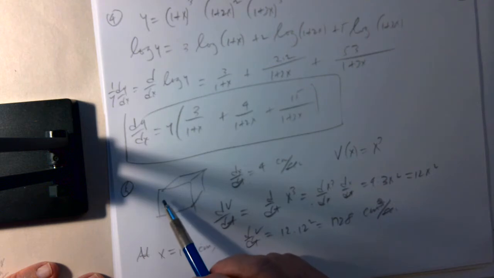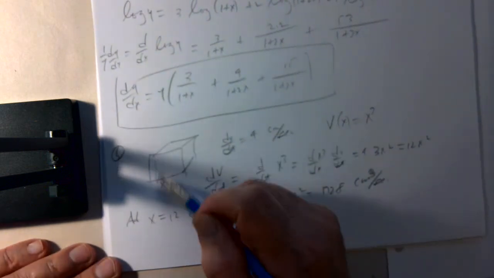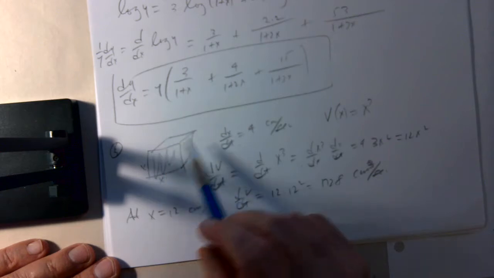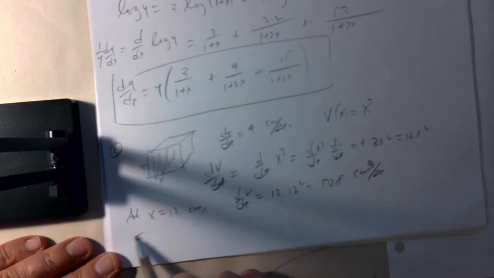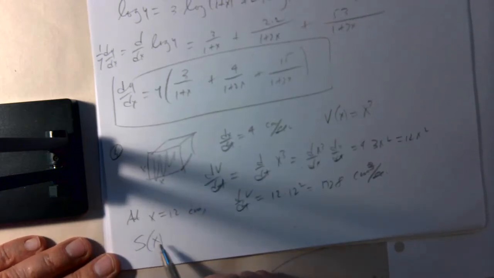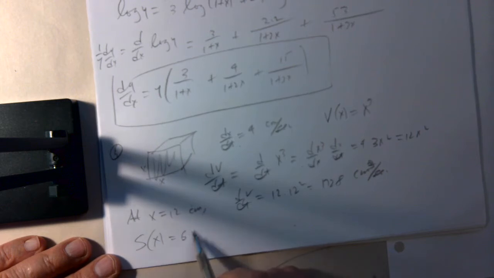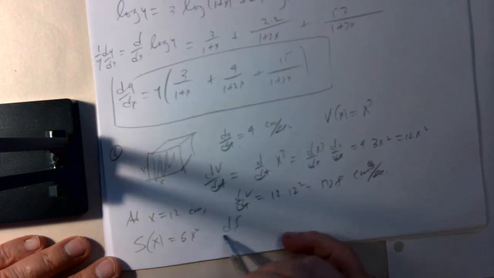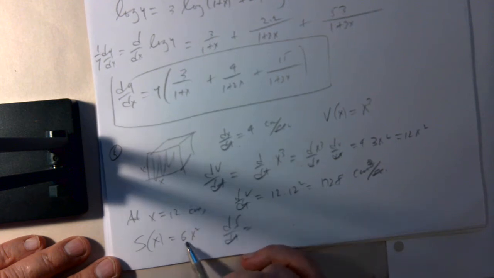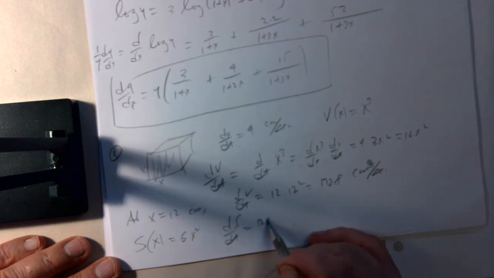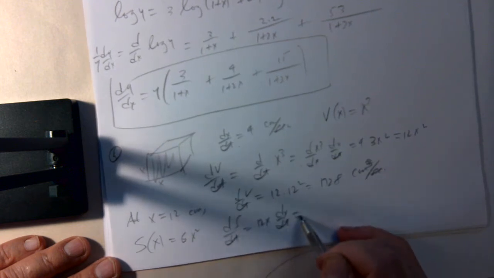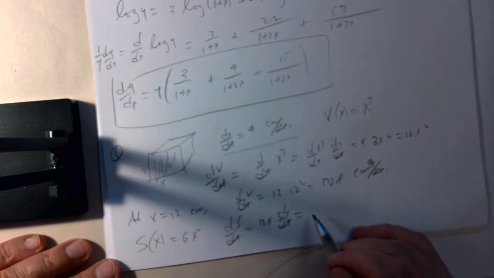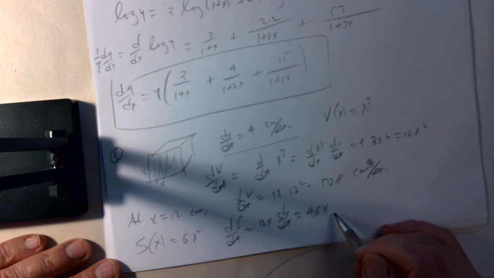Now, on the cube, each side has an area of x squared, and there's 6 sides: front, back, top, bottom, right, left. So the surface area is 6 times x squared. If we want to know how fast the surface area is changing, that's the derivative with respect to x, which is 12x dx/dt. Again, dx/dt is 4, so this is 48x.